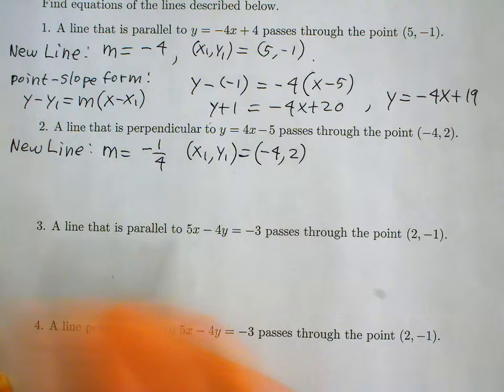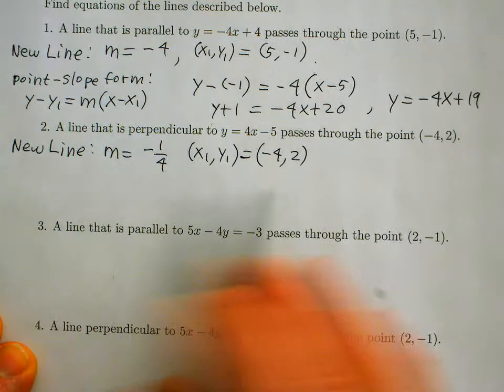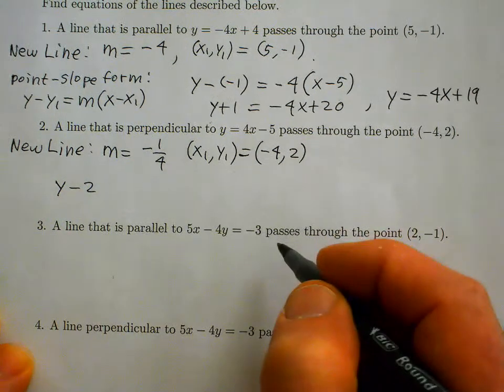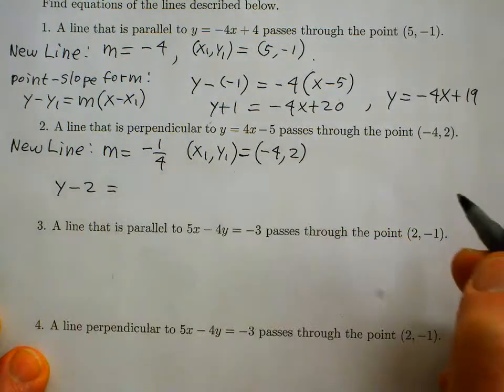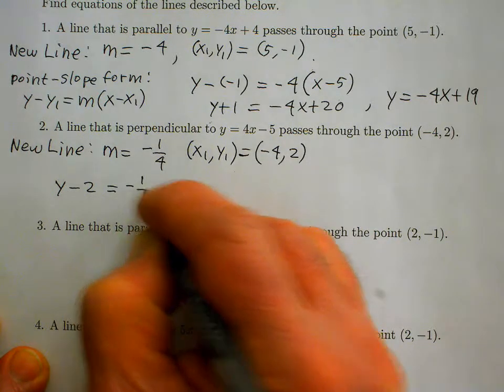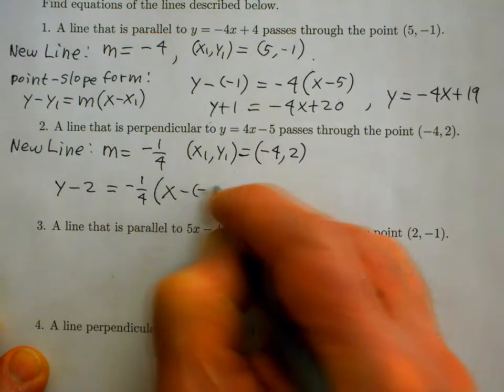So let's start with the point slope form. So this time we have y minus 2, and then that's equal to the slope -1/4 times the quantity x minus -4.